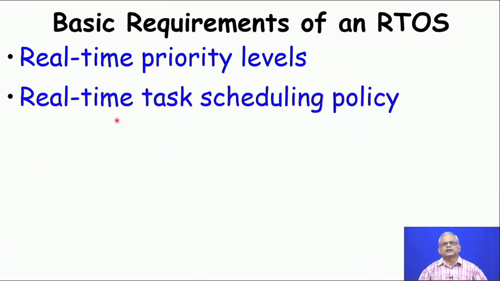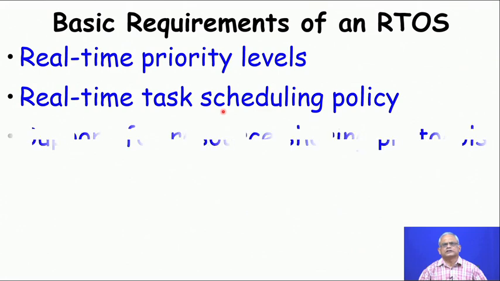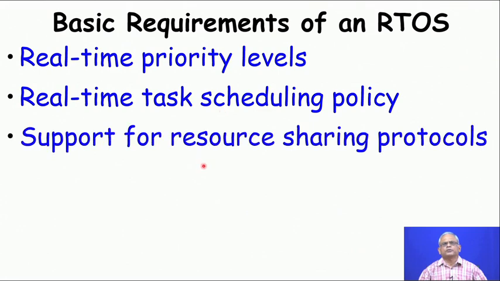The second is real time task scheduling policy. The operating system should support some real time task scheduling policy like the rate monotonic scheduler, and this scheduling policy is a central requirement for all real time operating systems that we have seen. Next, support for resource sharing protocols.